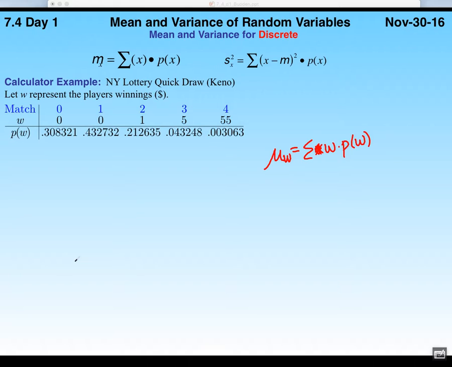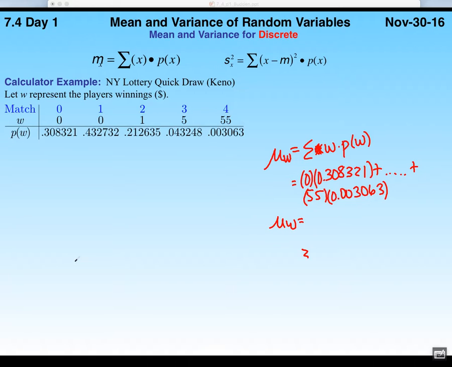So instead of X, I'm doing W. Okay, so the first W is 0, and that probability is 0.30823. And then, like Alex said, do plus ... and then do the last one. So the last one is 55 times 0.003063.